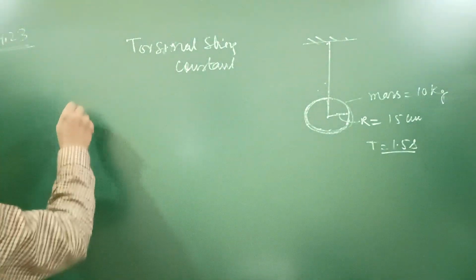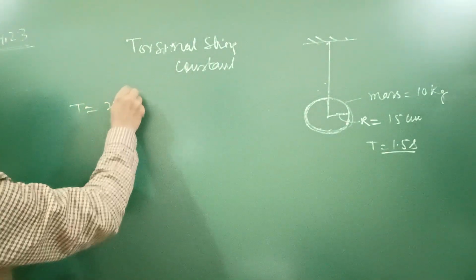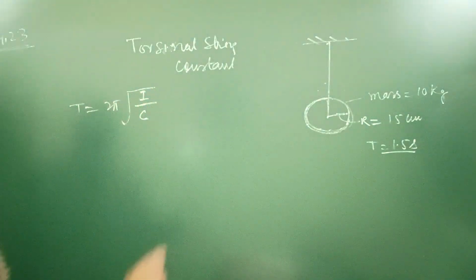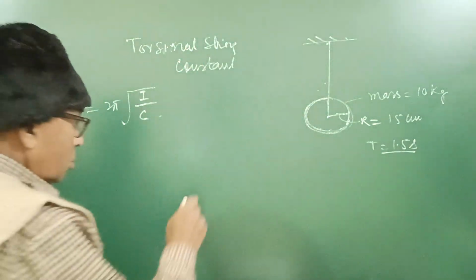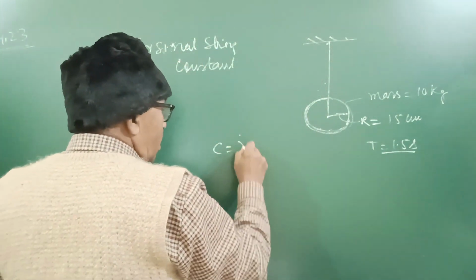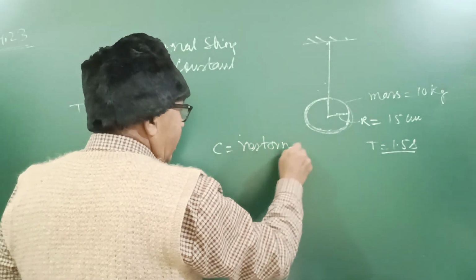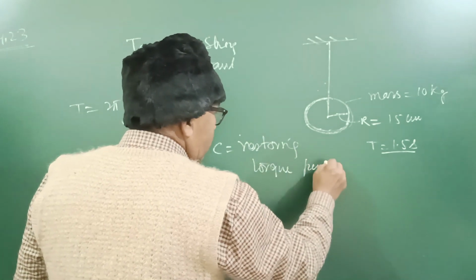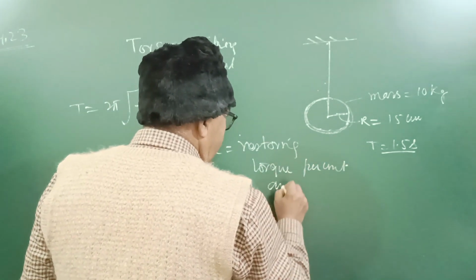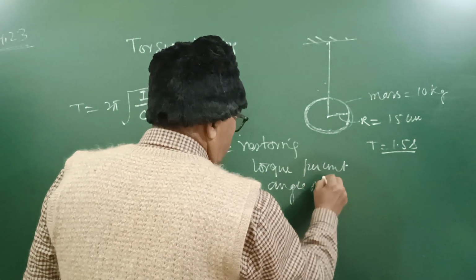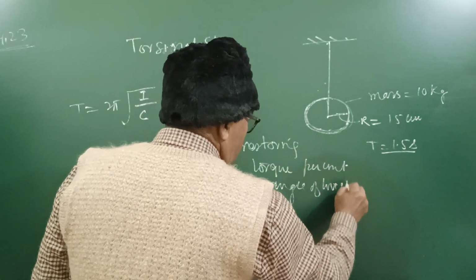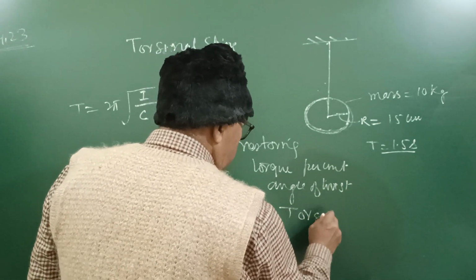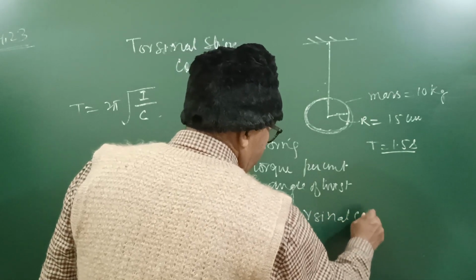So that time period was given by T equal to 2 pi under root I upon C. Here C is the torsional constant, which is the restoring torque per unit angle of twist.